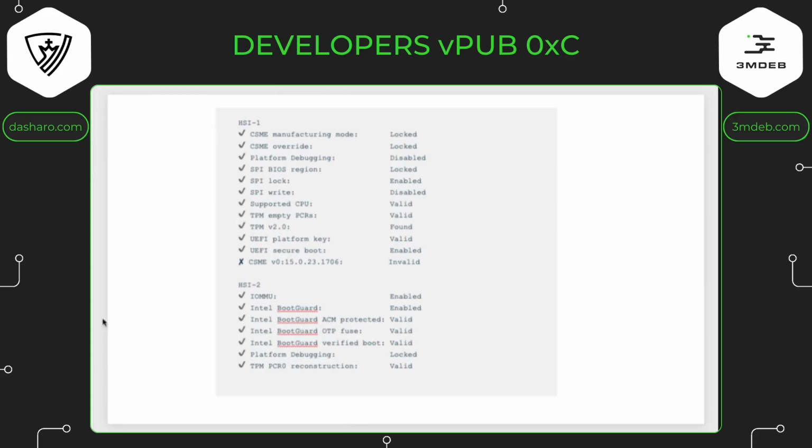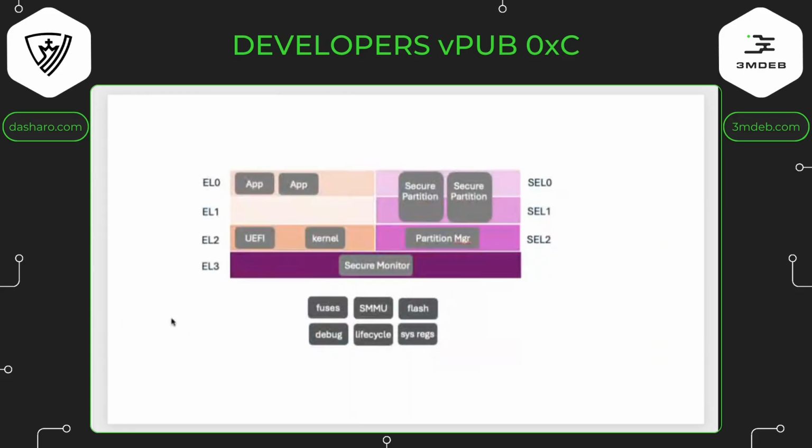On an ARM platform, very quickly, if you look at a CPU, there are basically two isolation areas in the machine. The one where you see the orangish beige boxes is where Linux and UEFI run. We call that the normal world.